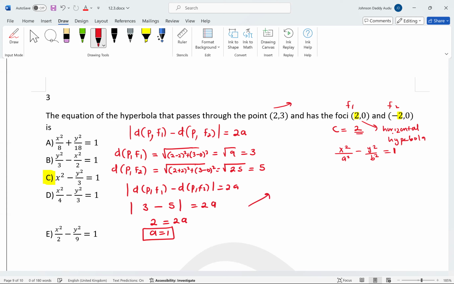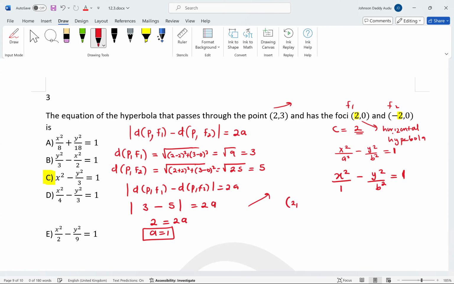So we can come back here. If you come back here, you will have x squared over 1 minus y squared over b squared equals 1. So I think this can work. And we can still use the point to find b.